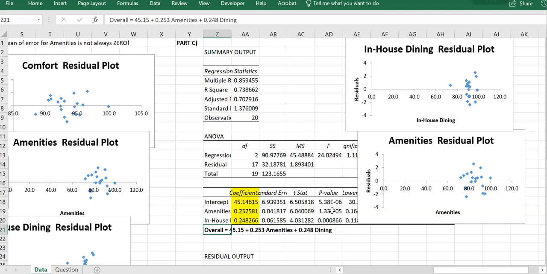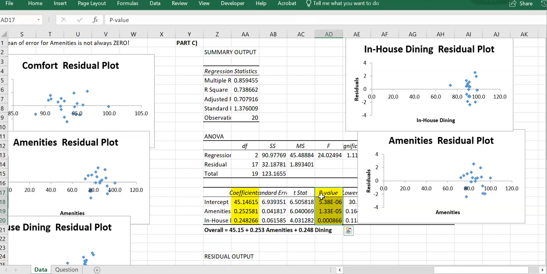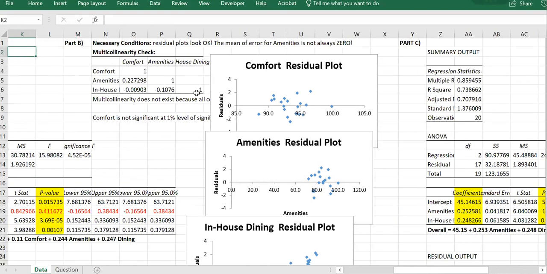All right, and if I check the p-values for this one, I mean, before you check for p-values, again, if you want to check for necessary conditions, the residual plots look very, very similar to what we had. So nothing really changed in terms of the residual plots. Multicollinearity, we already saw that multicollinearity does not exist.